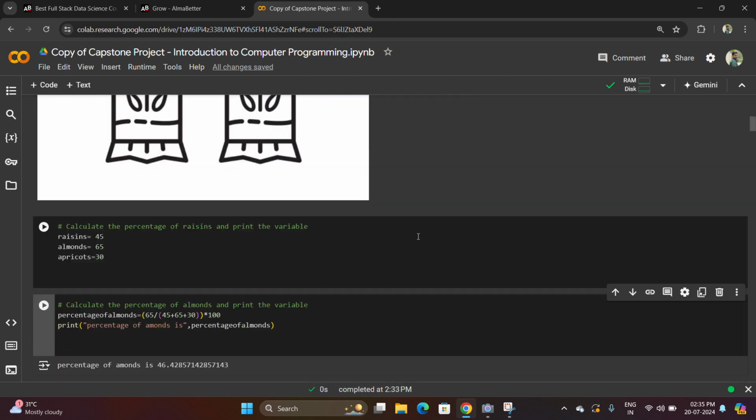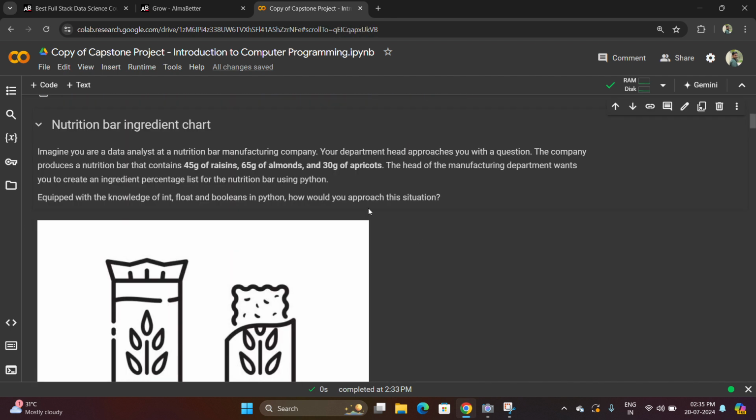The second one would be, imagine you work in a company whose department produces a nutrition bar that contains 45 gram of raisins, 65 gram of almonds, and 30 gram of apricots. The head of the manufacturing department wants you to create an ingredient percentage list.